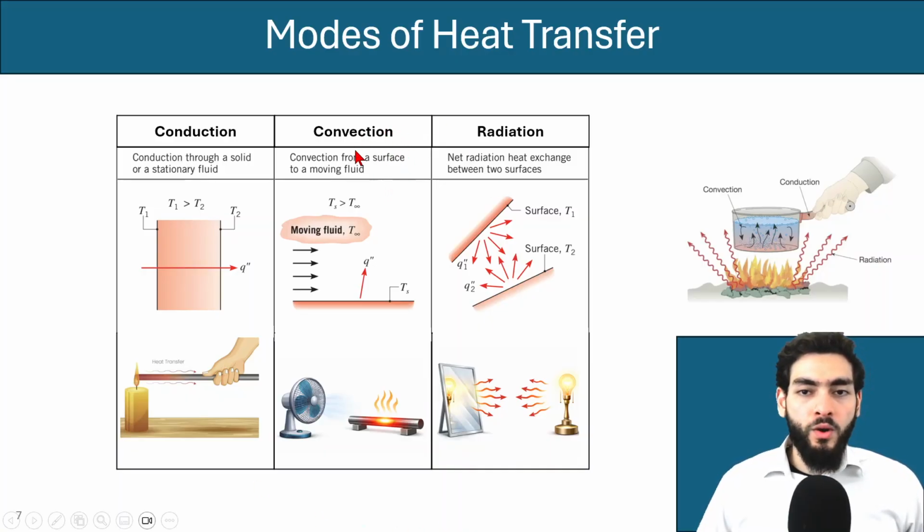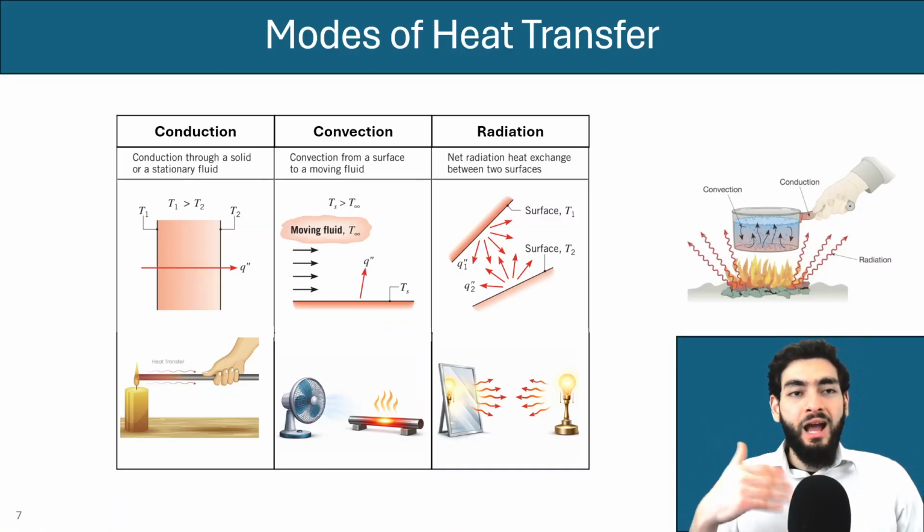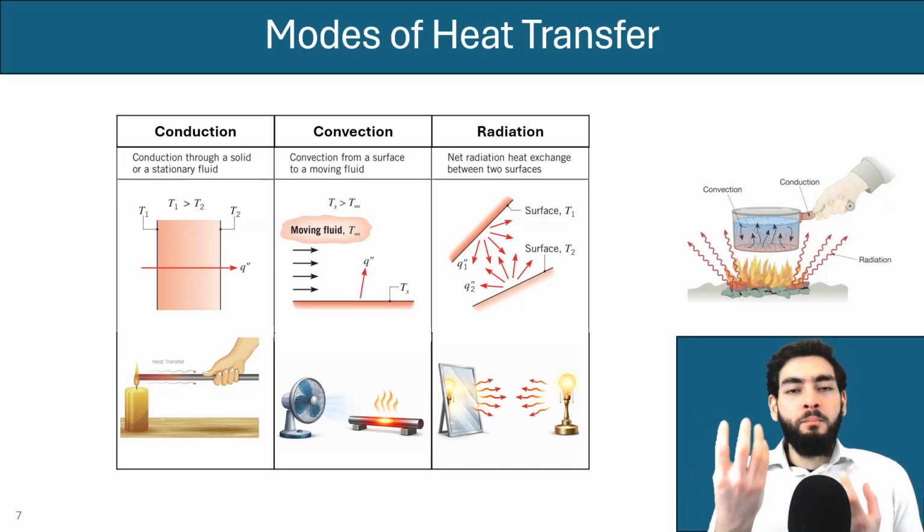The second one we talked about is convection, which is heat transfer from a surface to a moving fluid. You could see here arrows indicating that there's fluid moving over a surface, say inside a pipe. If the temperature of the surface is higher than the temperature of the fluid, then heat is transferred from the surface and absorbed by the fluid.